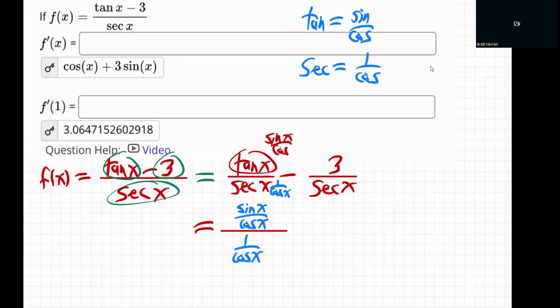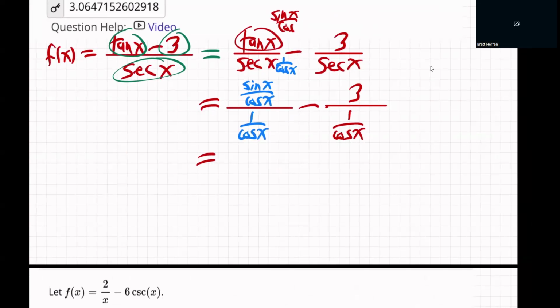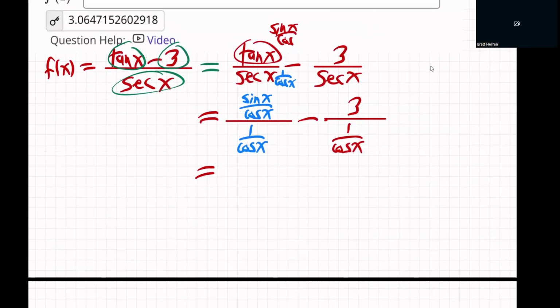So get that minus, and then what are we going to do here? Similar. We'll put the 3, and again, this is 1 over cosine. Okay. Now, why is that so great? Well, I still haven't done any derivatives yet. I'm going to remember when you have a fraction on the bottom of a fraction, you can just grab it and flip it up like that.